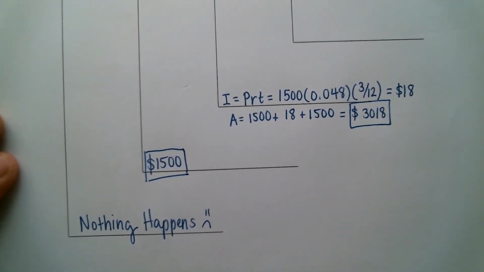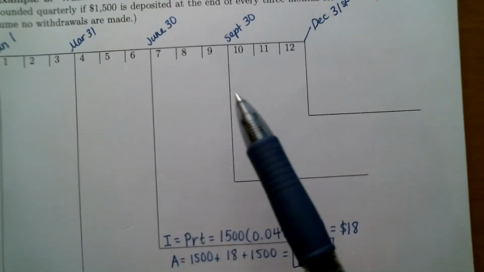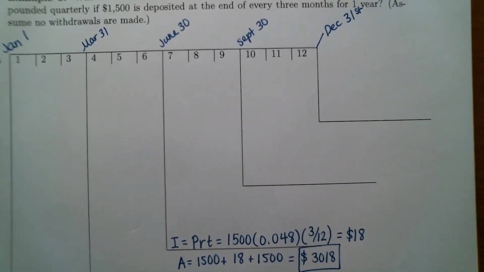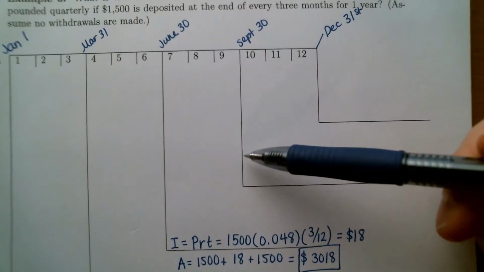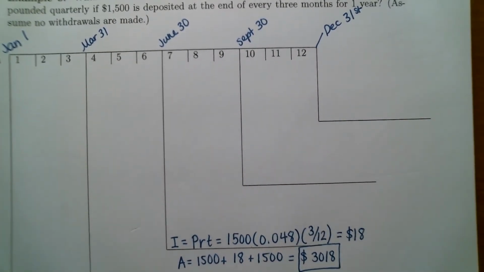So now this amount sits in the account. $3,018 is going to sit in the account over July, August, and September and earn interest. So September 30th, the end of the third quarter rolls around. It is time to do the two things. You need to calculate the interest that has been earned over the quarter and make another deposit.